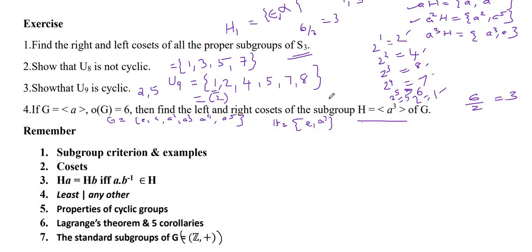So what all we have seen, the important points. Subgroup criterion. What is a subgroup? Its criterion, examples. Then cosets.